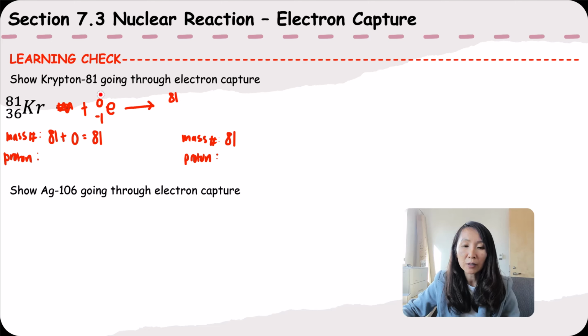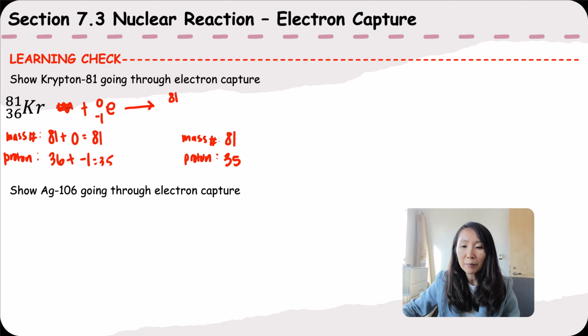What about the proton number? We have 36 from the krypton, and then you're going to add the -1 from the electron capture. That would give me 35. That means on the right-hand side, the total should be 35. And since only one atom will form, it will be 35.